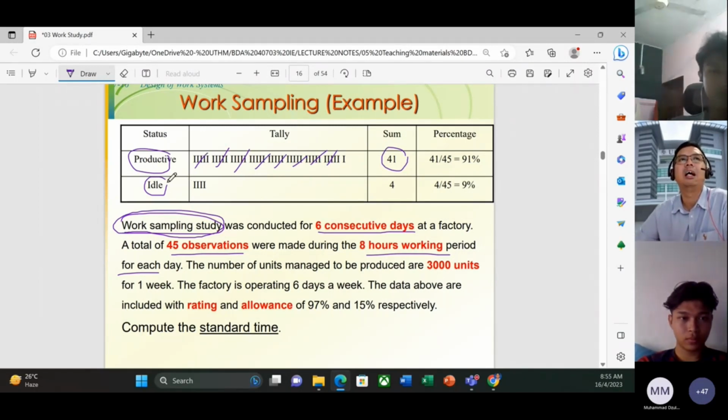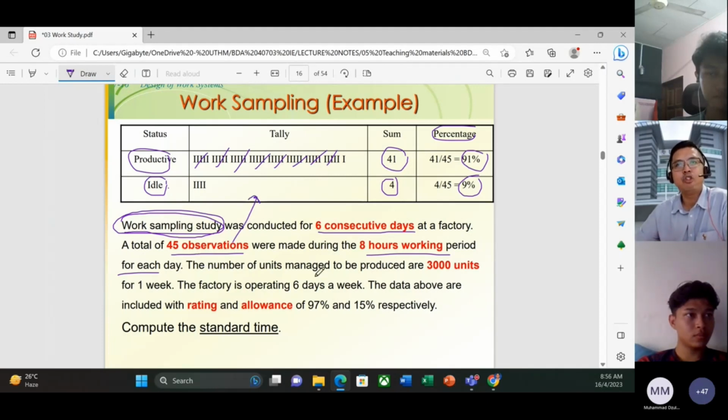Meanwhile, based on their observation, they found that only 4 out of the 45 were idle status. So to get the percentage, 91% is productive, meanwhile 9% is idle time, or idle status. This is from the observation that we made.